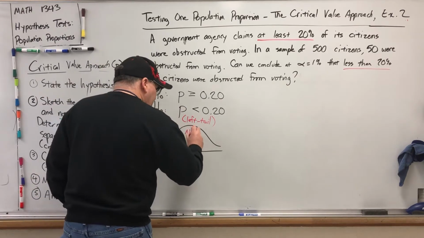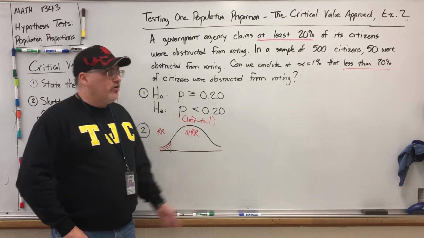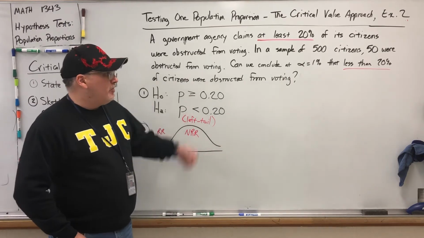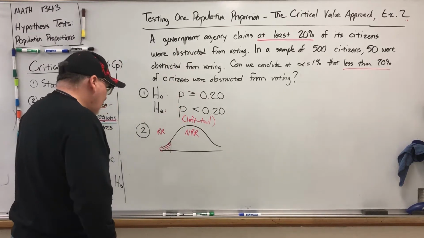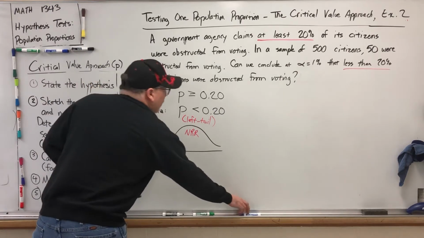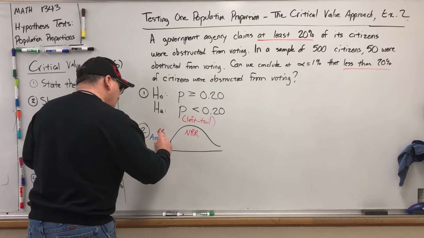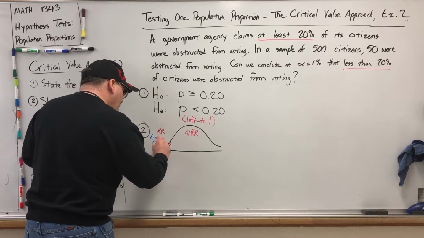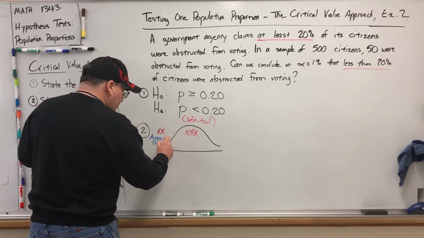A non-rejection region in the middle, including the right tail, because if evidence lands over here, that's greater than the middle, that would be greater than 20%, which would agree with their claim. The area is the significance level, and so we know that the area of this tail is 1%, but as a decimal, 0.01, but as a 4-digit decimal, 0.0100.